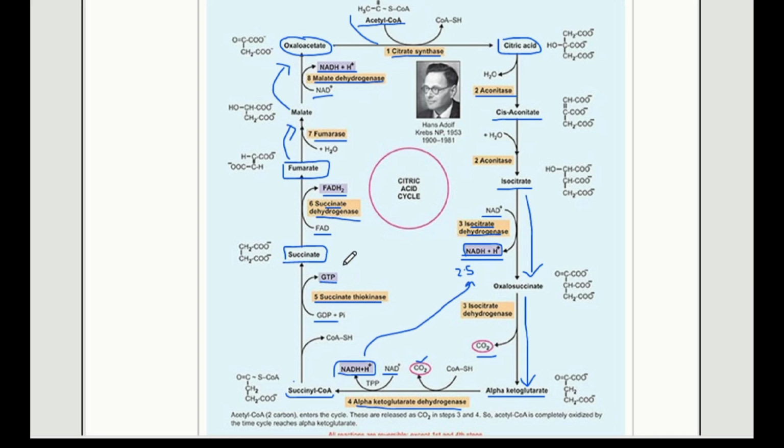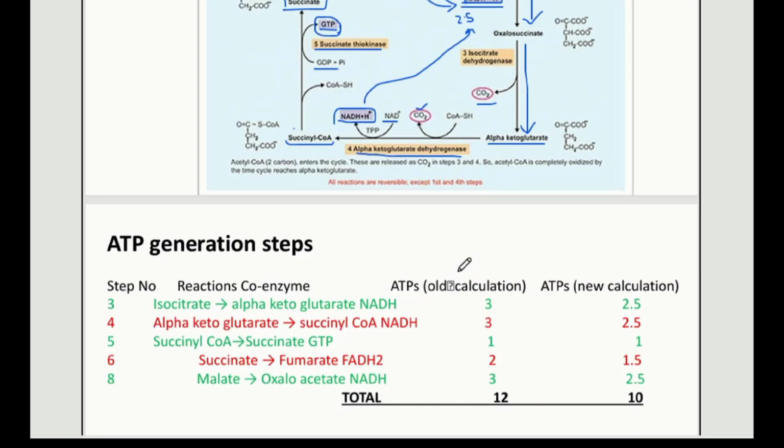Then here ATP is already produced in the form of GTP. FADH2 in the process succinate to fumarate, from FADH2 we can get 1.5 ATP, and here another NADH gives us 2.5 ATPs.